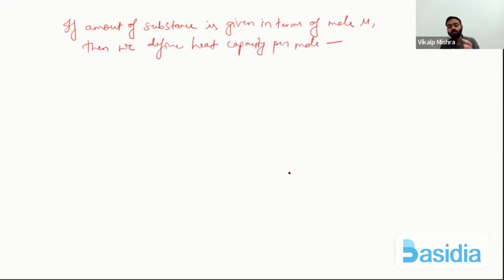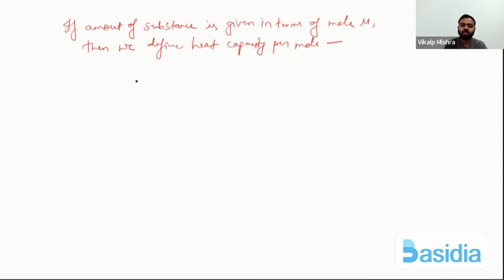See, if the amount of substance is given in terms of mass, then we defined heat capacity per unit mass, and that was called specific heat capacity. But if the amount of substance is given in terms of moles, how will we define it? Heat capacity per mole.